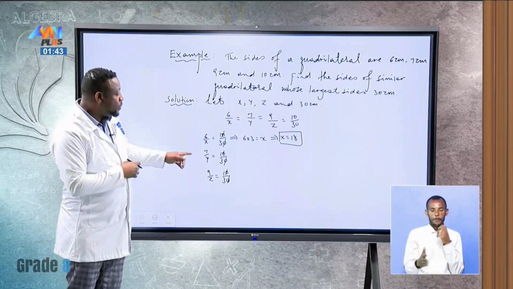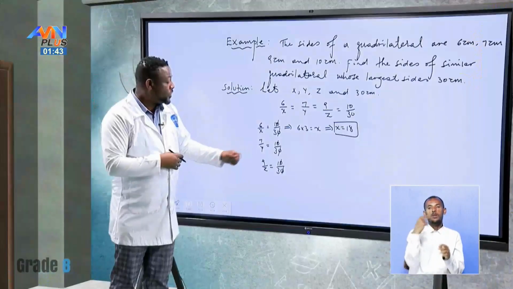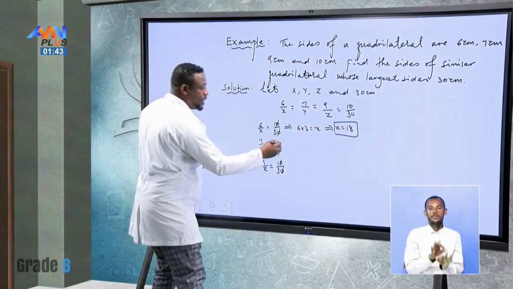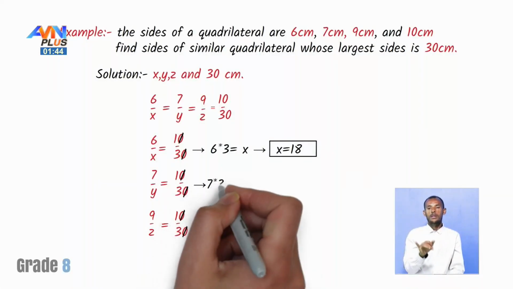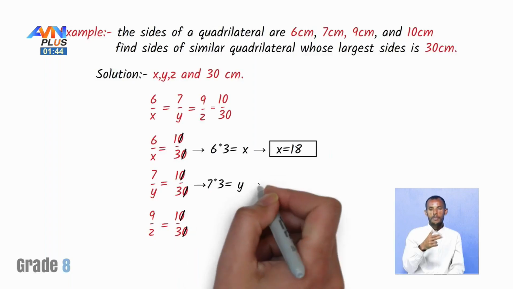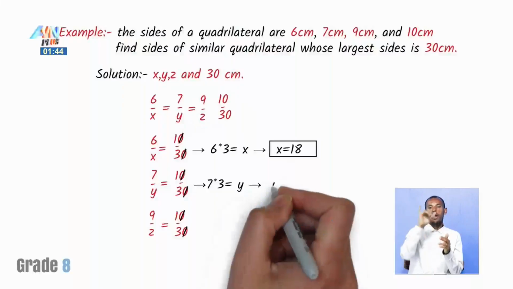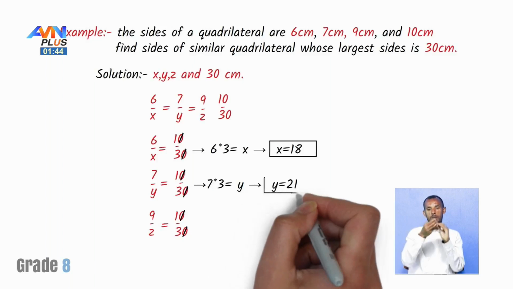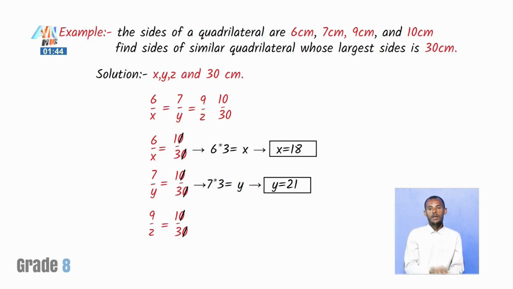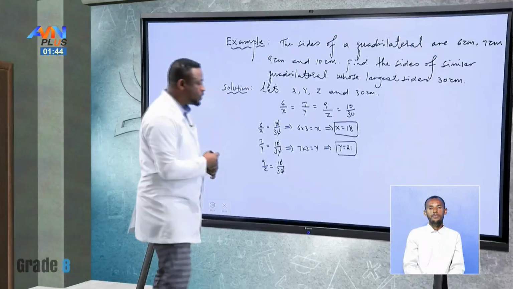The second one, you can use crisscross. 7 times 3 is equal to Y times 1, which is Y itself. So the product of these two numbers is 21. So Y becomes 21.